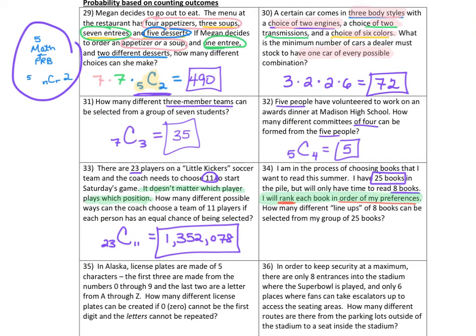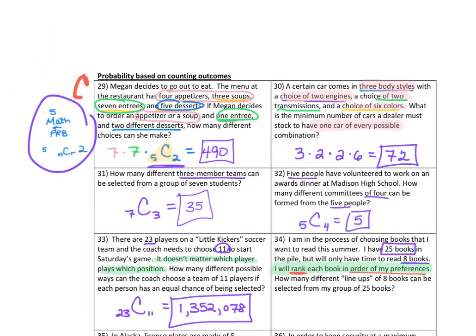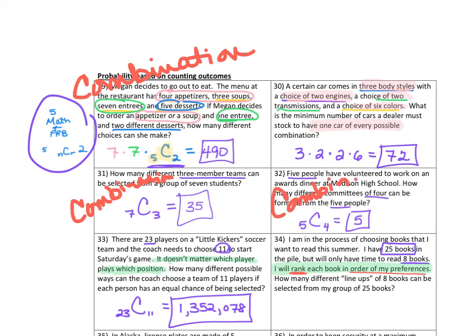This one here was a combination, and this one here was a combination, and this one here was a combination, and this one here was a combination.